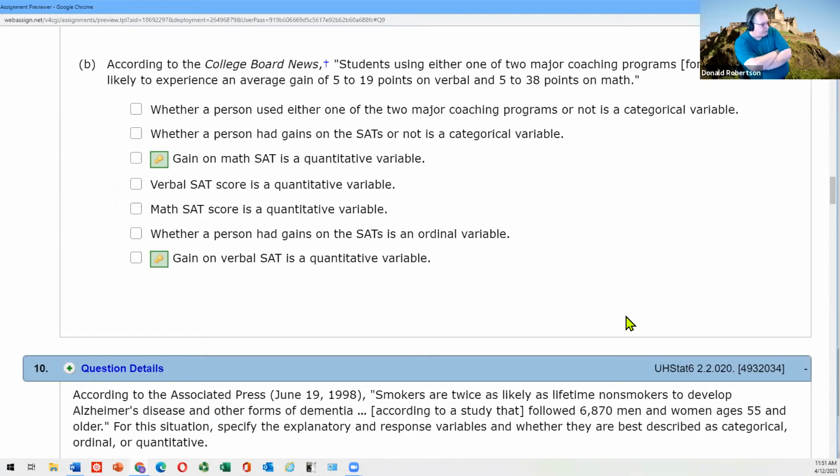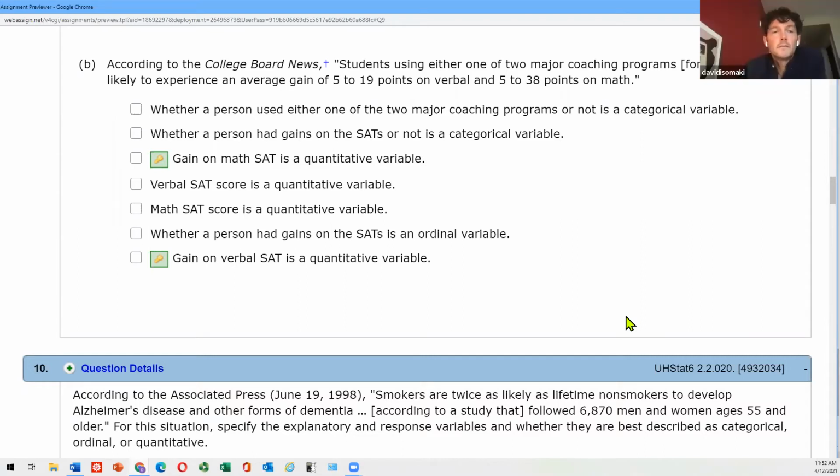Now, the first thing is whether a person uses either one of the two major coaching programs or not is a categorical variable. Well, I guess you might think that's true because I thought it was originally. But in this story, you are doing one and only one. You don't have a choice. So it's not really giving you the choice, so it's not really a variable.